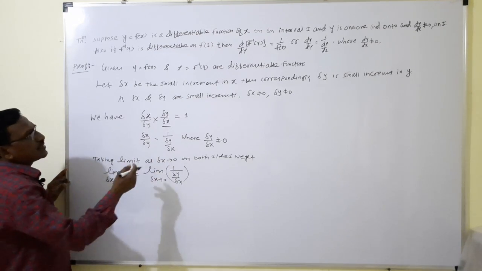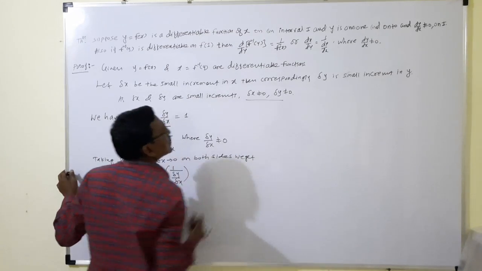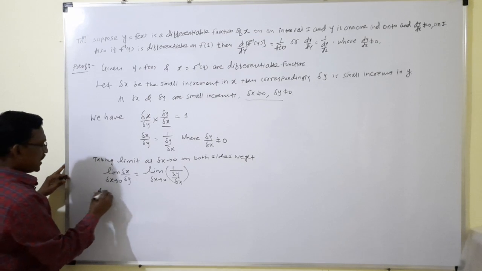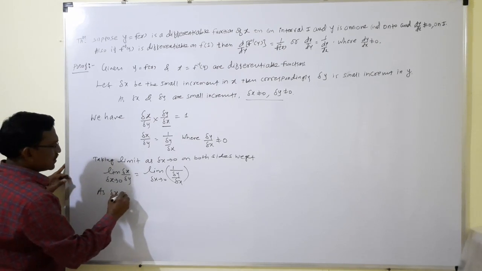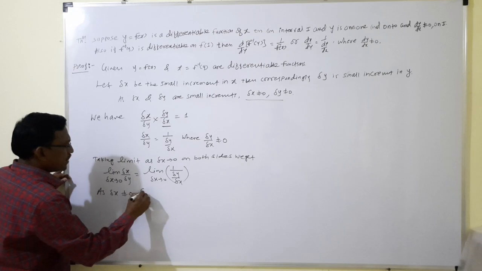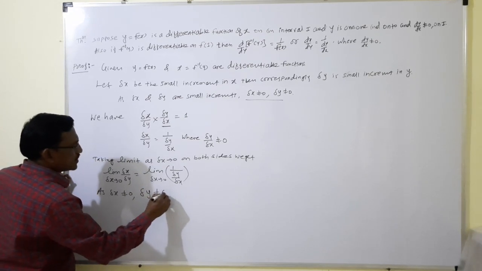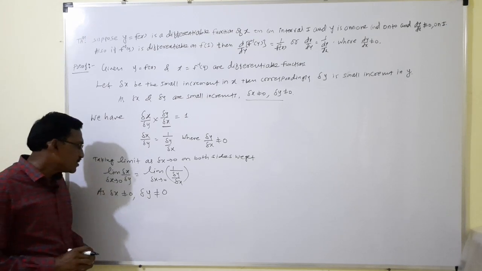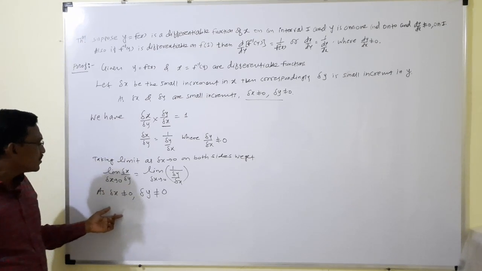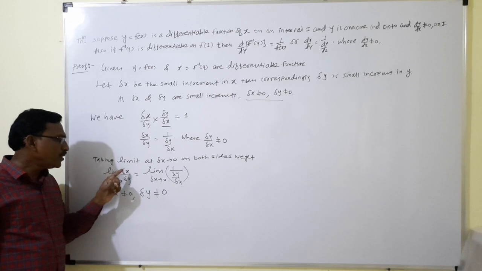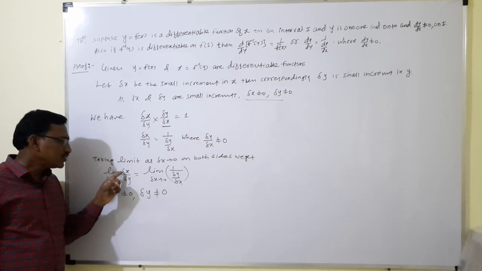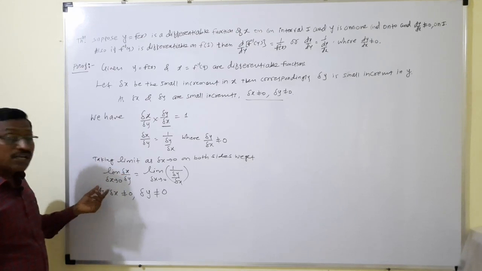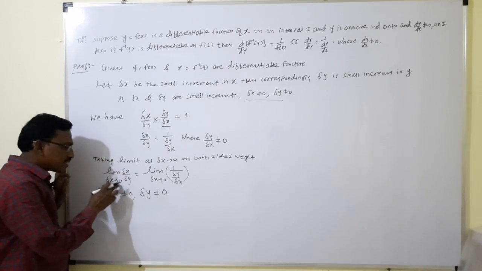Now as delta x is not equal to 0 and delta y is non-zero, in the left hand limit we change this, because the limit of delta x upon delta y is the derivative of x with respect to y, and the limit here is delta x tends to 0.